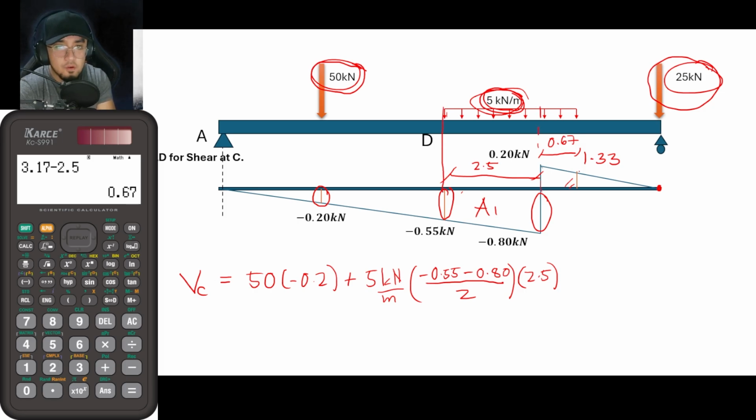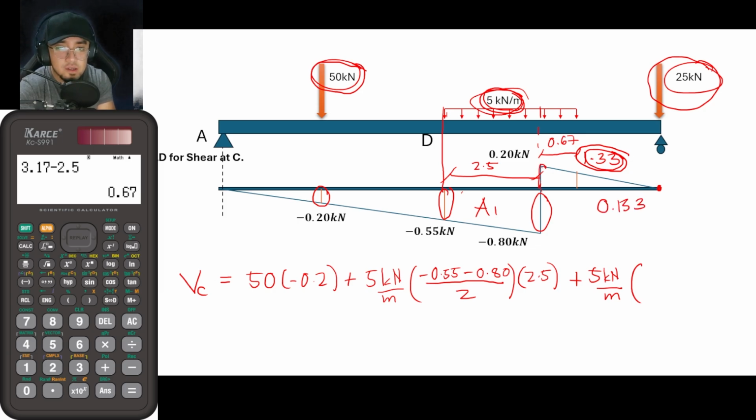Okay, so for this one, I will be naming this as area 2. This is plus 5 kilonewton per meter times, again, the average of the two dimensions. So if you have here 1.33, sorry, this is not 1.33, this is 0.133, I should say.